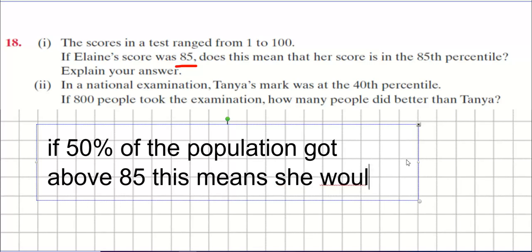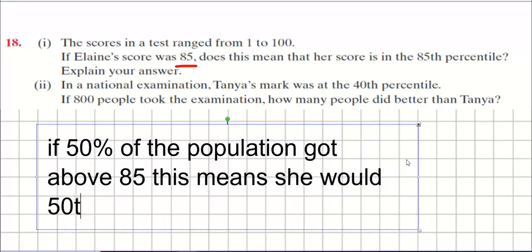She'd be 50th percentile. It means she's better than 50% of the population. Does that make sense? It has nothing to do with your score. It has everything to do with how high your score is relative to other people's scores.